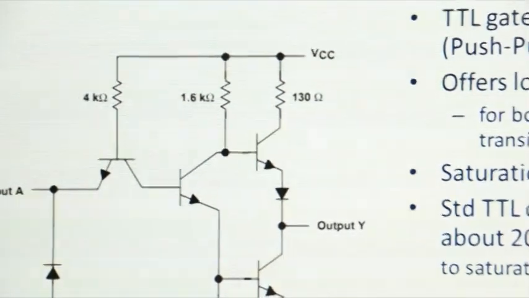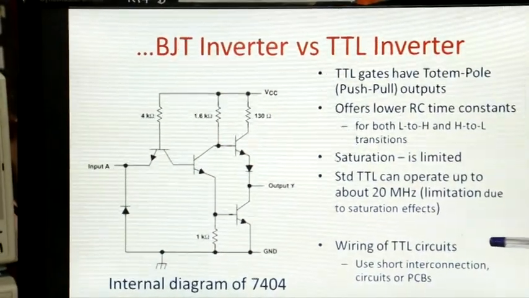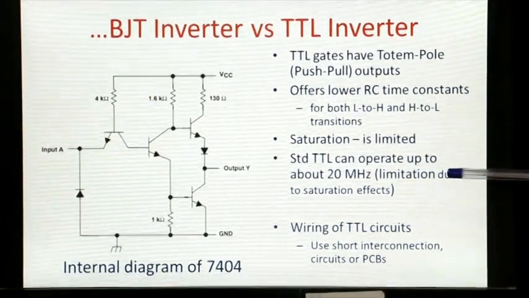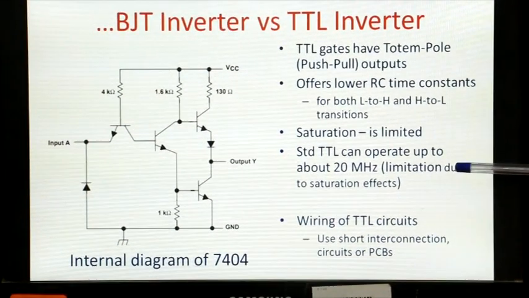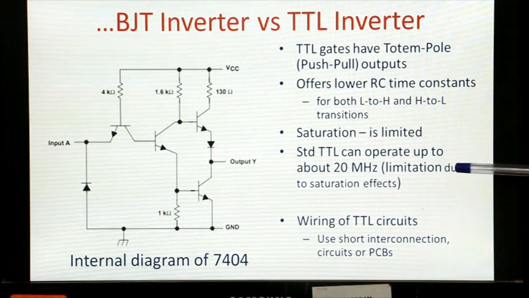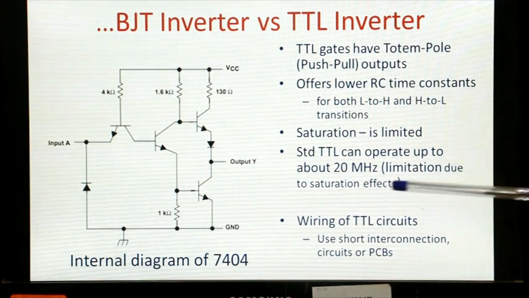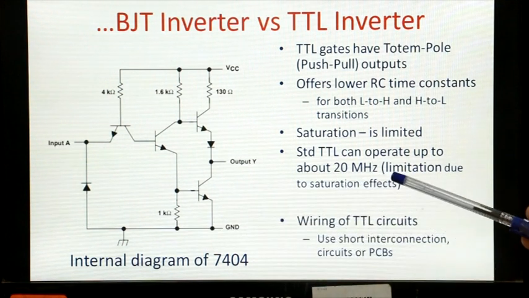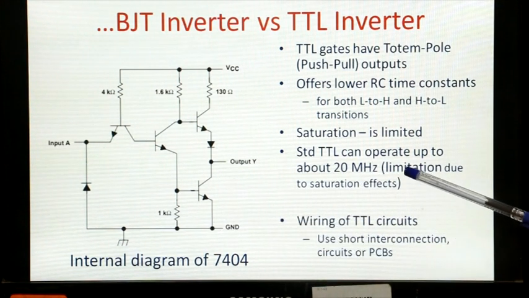One of the things I want to emphasize is that when you use TTL circuits, you need to be very careful. You can use a standard TTL up to about 20 megahertz. This is because even this particular circuit goes into saturation, but this resistance which is put here limits the saturation. There are other families which we will see later, which can go much higher.